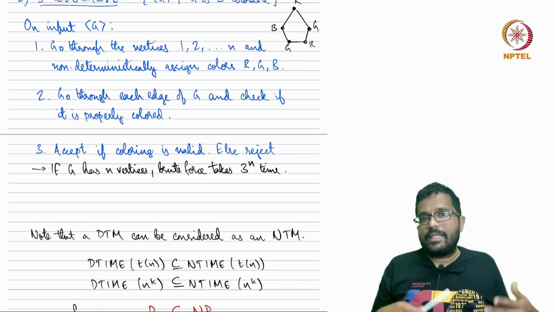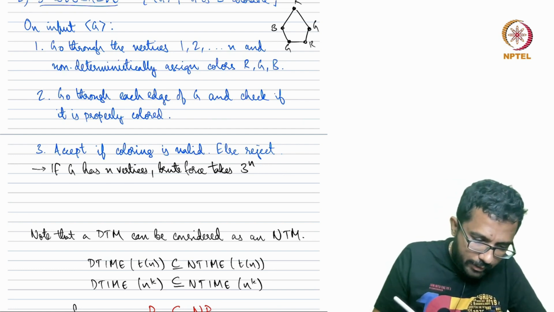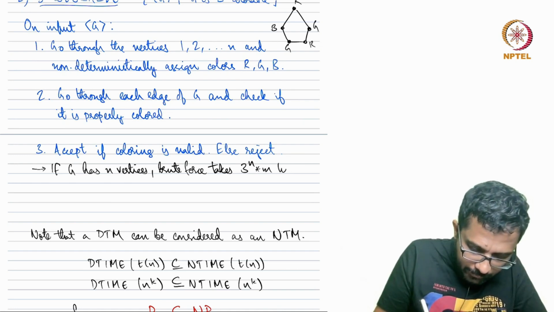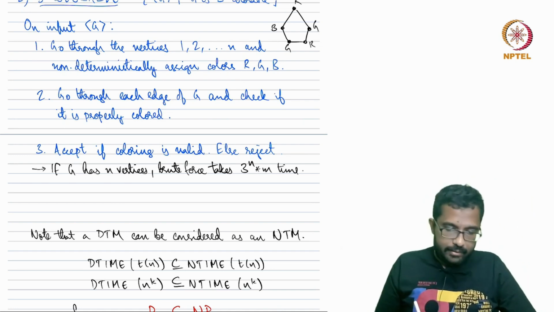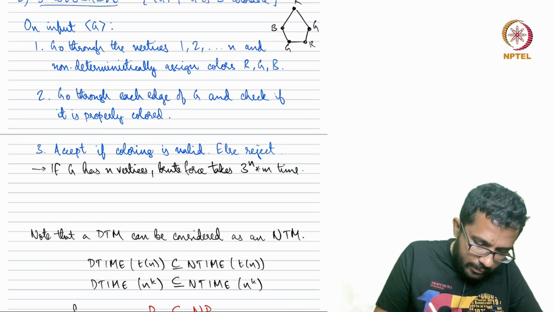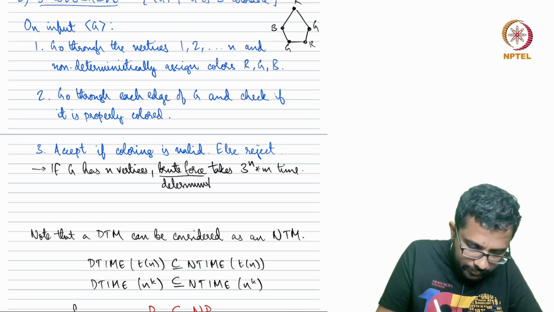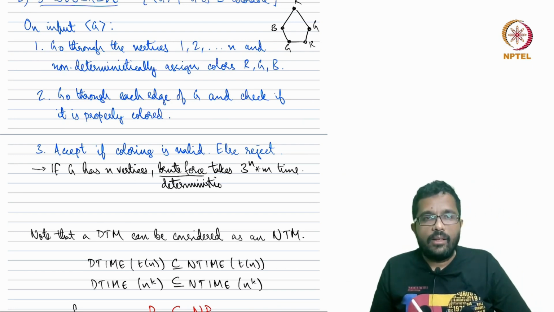So that takes, let's say there are m edges, 3 power n multiplied by m time, which is not polynomial, right? Brute force, by that I mean deterministic approach, takes 3 power n times m time.